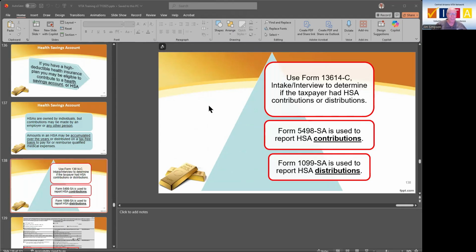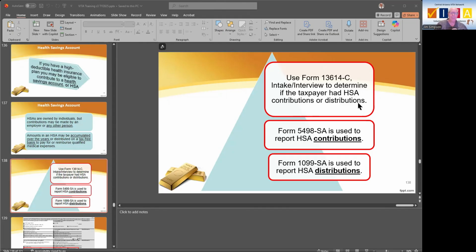Okay, how do you know whether they have a health savings account? Well, on our intake and interview form, there's a question, but you often need to ask. If they're not using it, or the employer set it up and maybe they've been healthy and just haven't used it, they may have forgotten about it, right? You need to ask them about it to make sure.